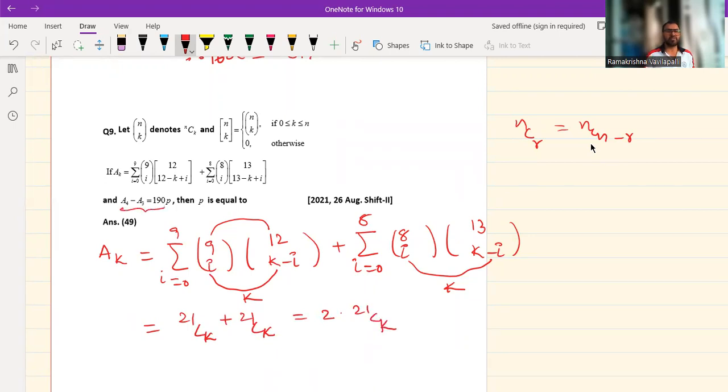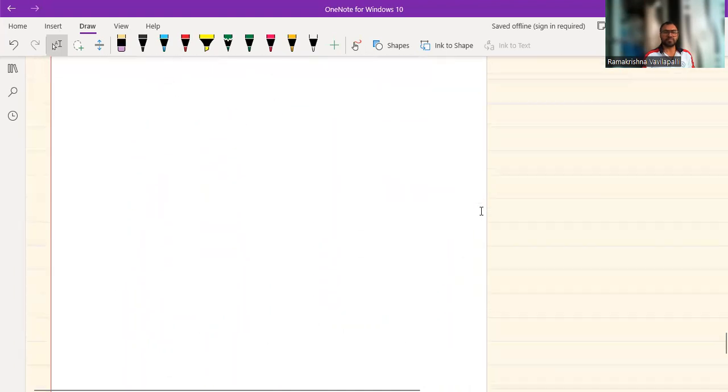Just substitute K equal to 4 once and K equal to 3 once and subtract. So don't be afraid by seeing the symbols and big questions. Once you think on it, it will be reduced. It will be a very simple question. Thank you.